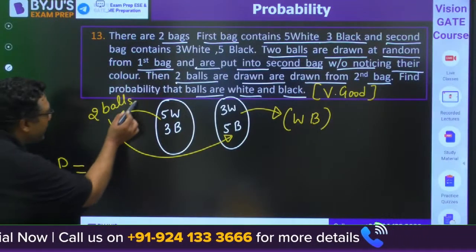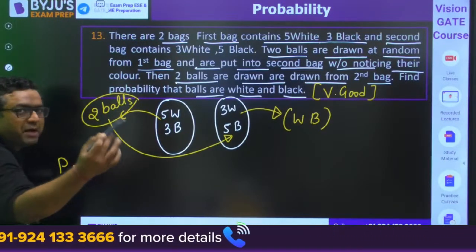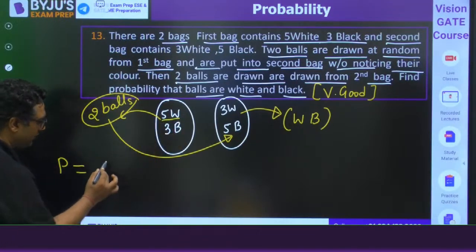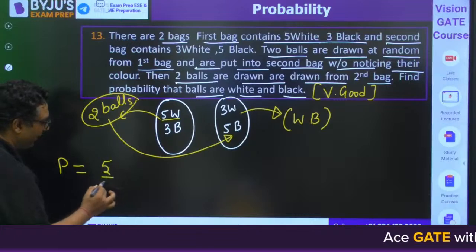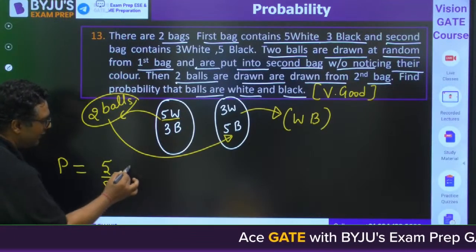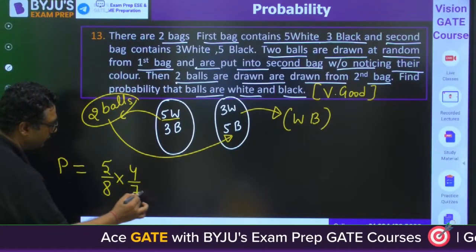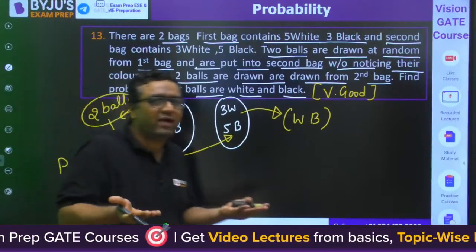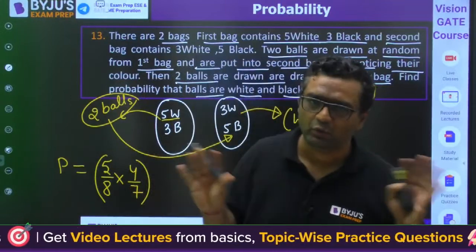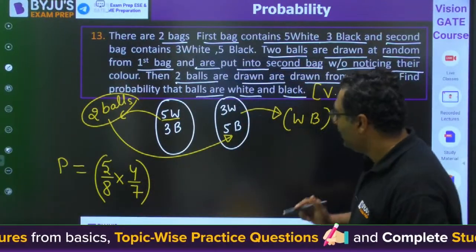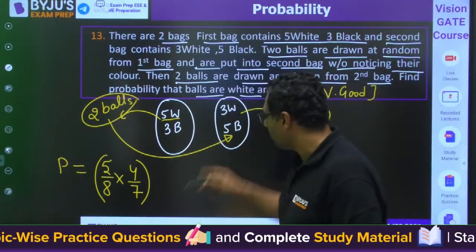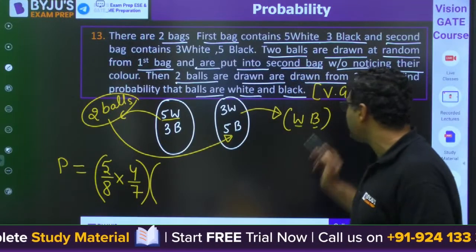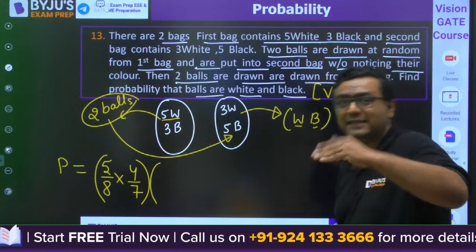So when we are taking 2 balls, both of them are white. So can I write, first of all, it will be from first white, 5/8. Second white, 4/7. As both are whites, we will not be having any factorial. Okay. Then my dear, these 2 are placed here. Then we are taking the first one white, second one black, or first one black, second one white.